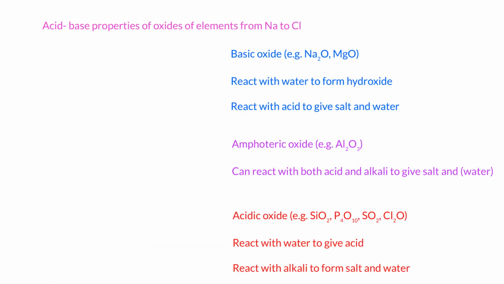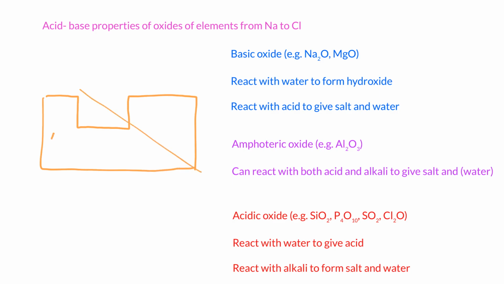Now we move on to talk about the acid-base property of oxides of elements from Na to Cl. First of all, I would like you to remember that in the periodic table, the metal oxides formed on the left-hand side are basic.